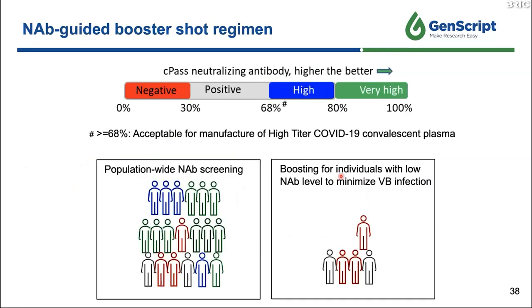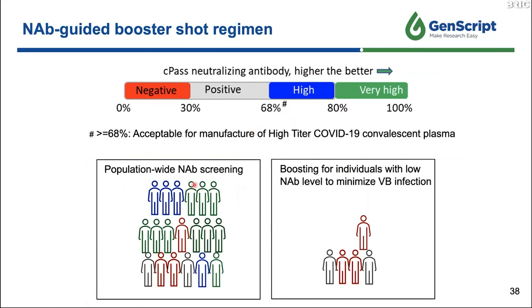Because of such individual difference, we have been advocating a neutralizing antibody guided booster shot regimen. This means that on a populational level, we can do a mass screening using the cPass test and determine who are the ones that actually do not respond well to the vaccination.